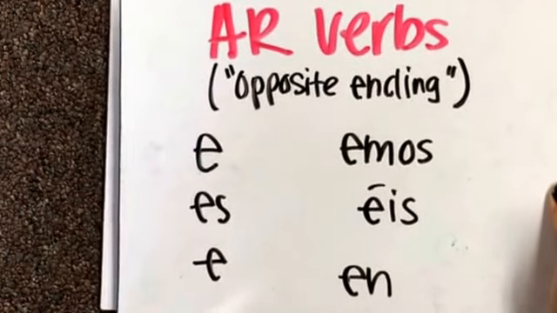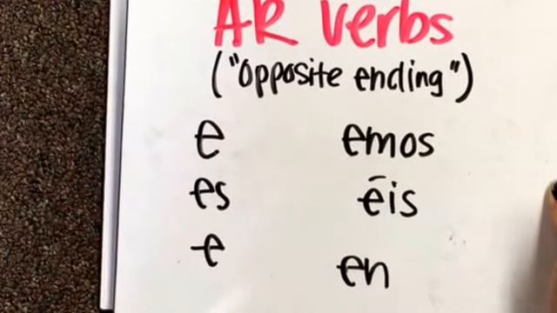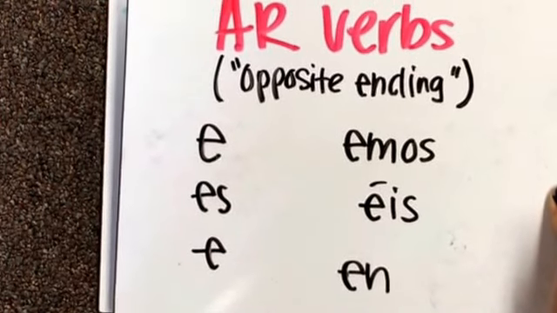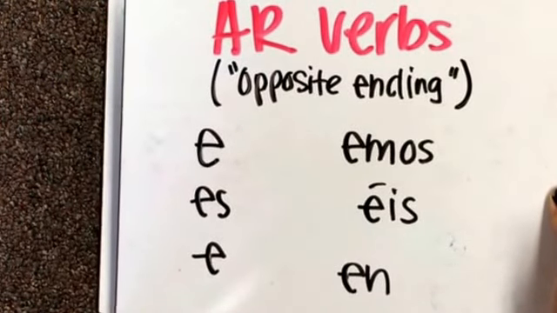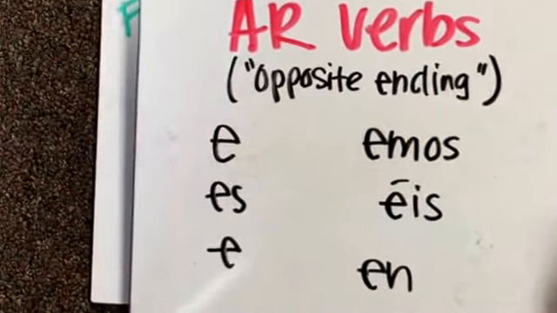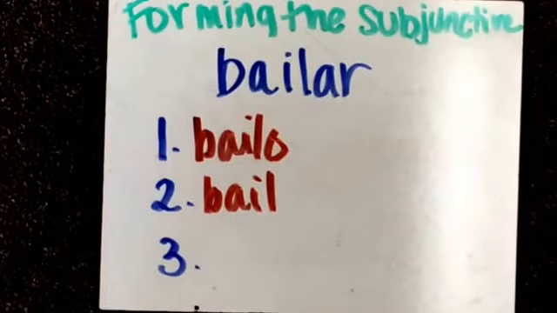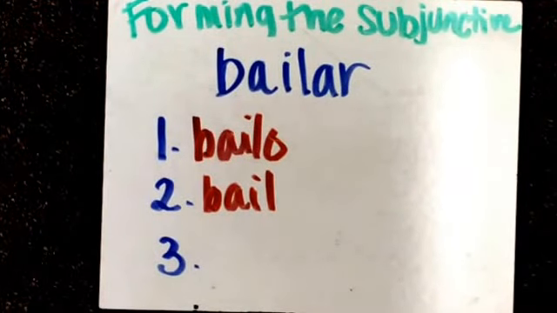Opposite endings for AR verbs are e, es, e, emos, éis, and en. We're not going to use o because o isn't really the opposite of o. From AR to ER, IR verbs, the opposite ending for bailar kind of depends on what we're conjugating for.